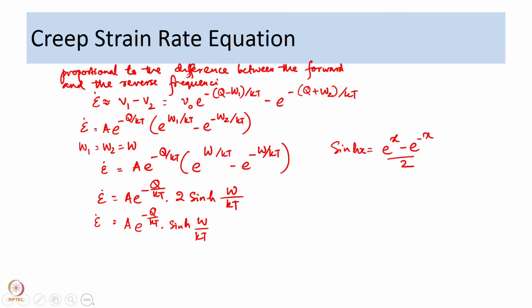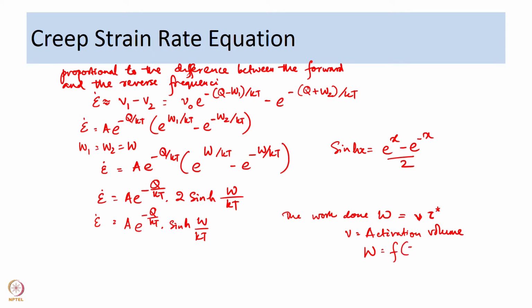So, the work done W can be described as a product of the activation volume V into the stress acting, tau star. So W can be considered a function of tau star.